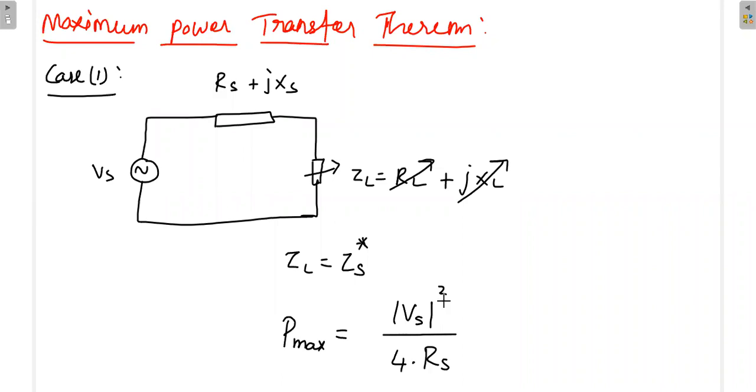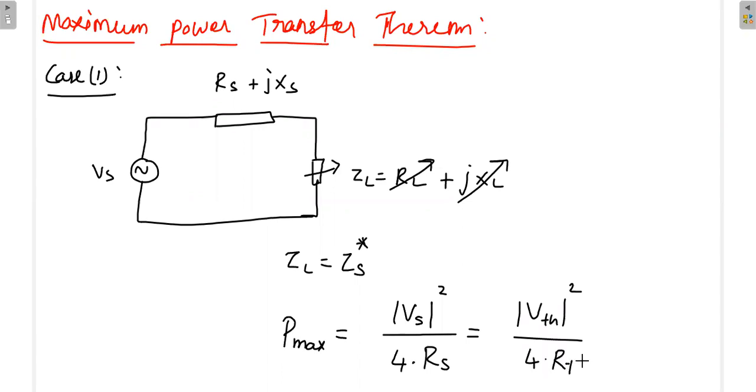Okay, so Vs square divided by 4 Rs, or otherwise in a standard format you can also write like this, because whenever you have a big circuit, equivalently you will write in terms of V Thevenin and R Thevenin. That time you can write like this also, V Thevenin square by 4 R Thevenin.